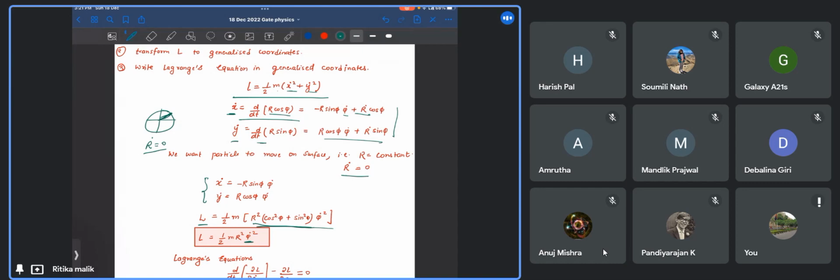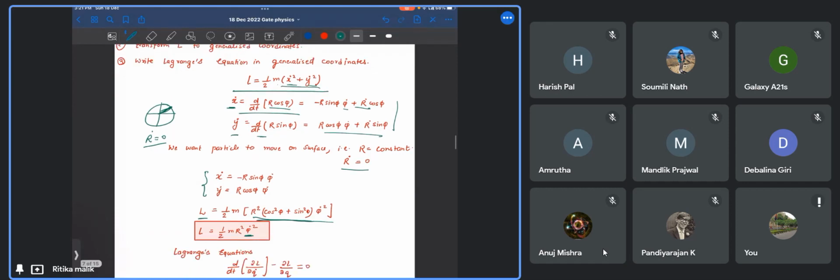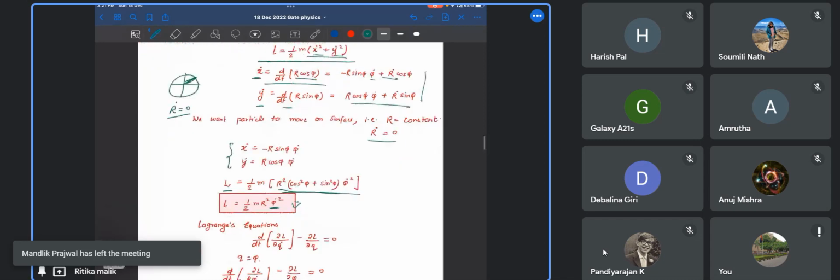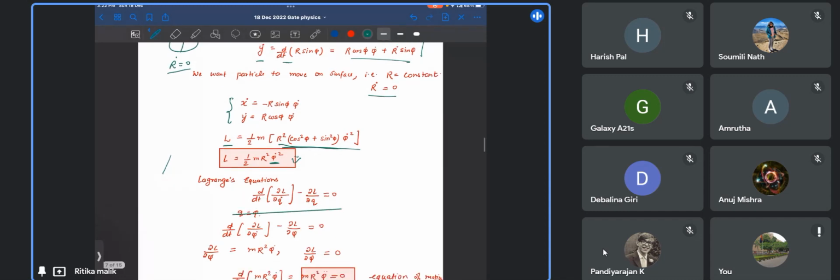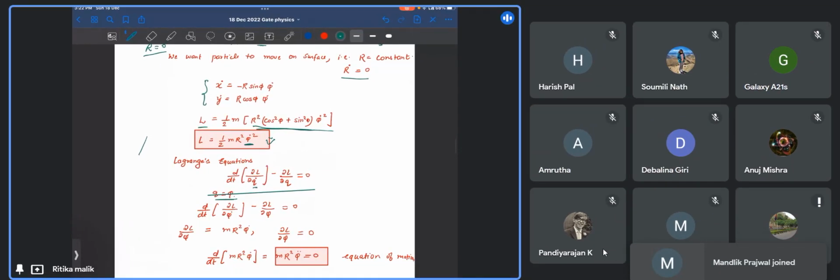So you can see you started with an initial coordinate system which is xy. Your final coordinate system is phi dot. So your Lagrangian is a function of a generalized velocity, which is phi dot. So you just write your Lagrangian equation of motion, and your q is phi here. So just del L by del phi dot.